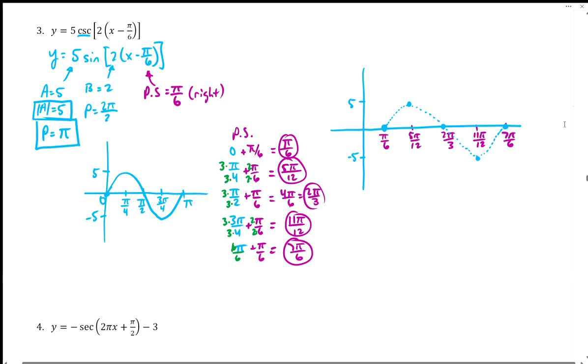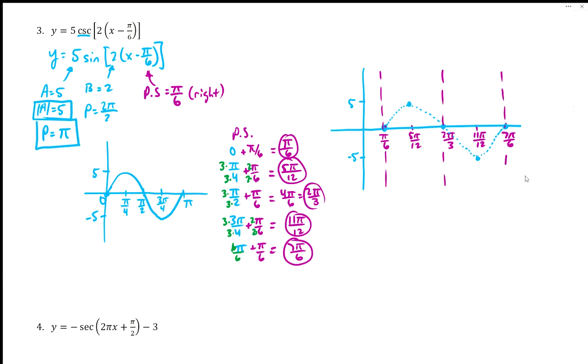All right, now that we have the shifted sine curve, we go through and find all of our asymptotes. It's where it crosses the x-axis. So we've got these three asymptotes, and I'm going to label x equals pi 6, x equals 2 pi thirds, and x equals 7 pi sixths as the vertical asymptotes.